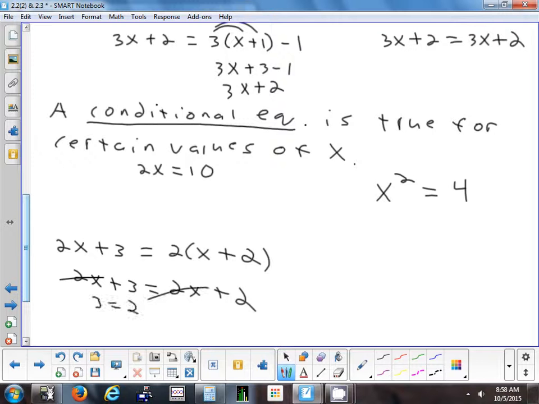You're left with 3 equals 2. Oh, thank you. Yes, 2x plus 4. Still, that's okay. So you still can't solve that. You get 3 equals 4. So no matter what number you try to pick for x here, there's no solution. The name for that, I guess it's a contradiction. 2x plus 3 can't equal 2x plus 4. It's not possible.